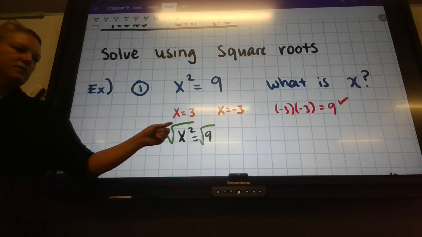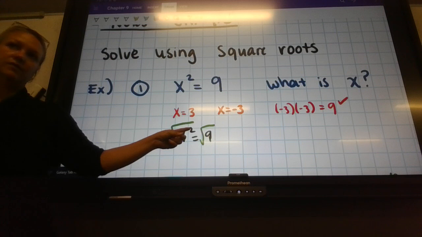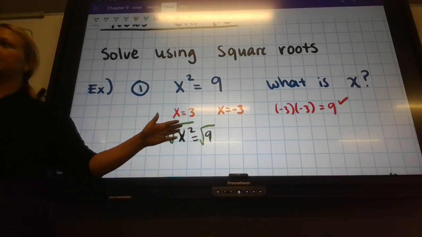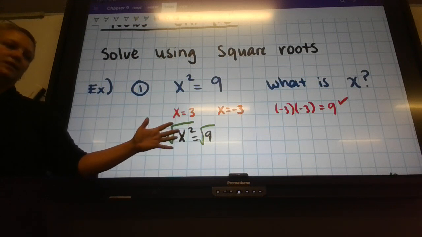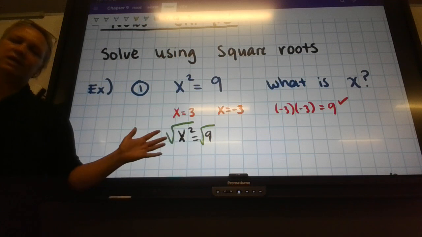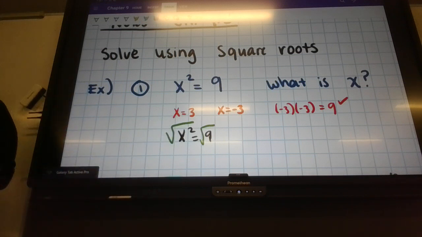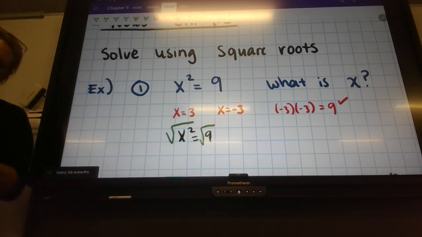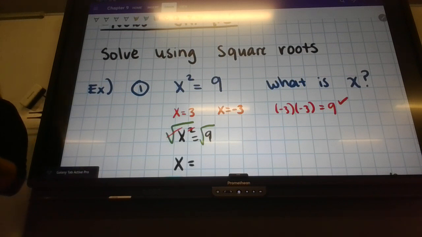A square root bar and an exponent of 2 are perfect opposites. They cancel each other out. It's like adding 2 and subtracting 2 at the same time, perfect inverses. So when you square root x squared, it cancels the power of 2, and you get x equals, and we're going to stack our plus and minus sign, x is positive and negative 3.